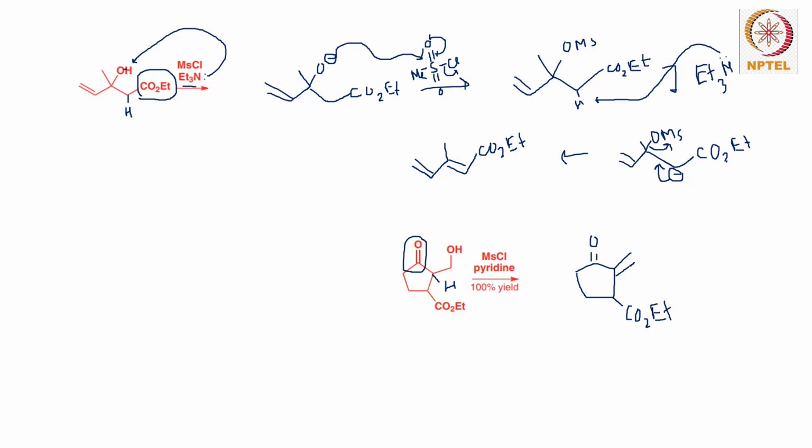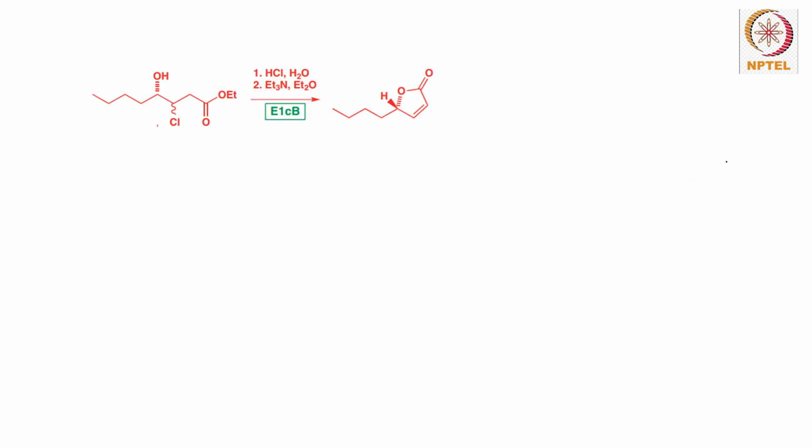Okay. I think it's clear. Let's go to our next question. This one. So they have given a different type of reagent and they have already said that it will go through an E1cB mechanism.